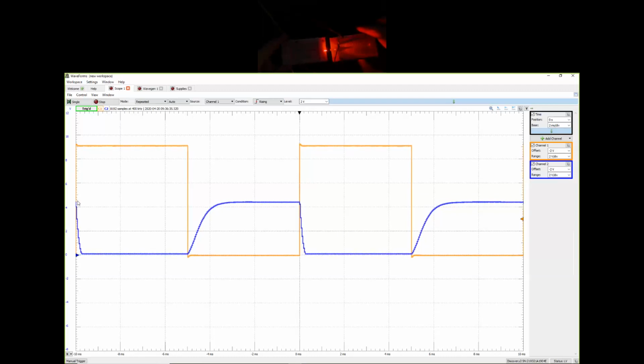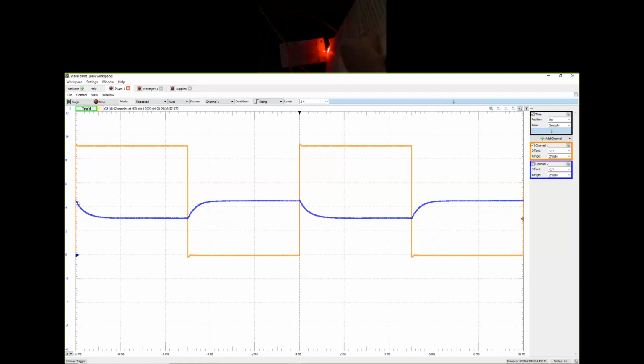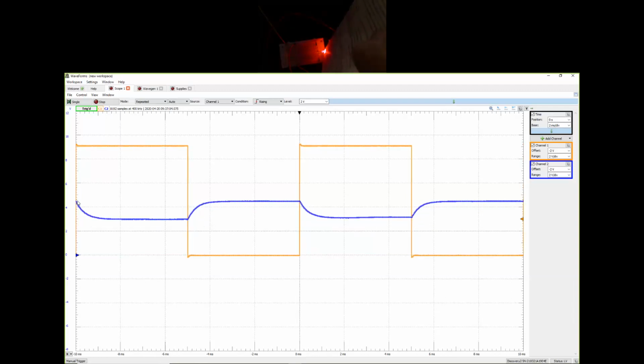And I can show that. I can block the light in the middle by placing, for example, a piece of paper in the middle, and that will essentially block the light. So if I block the light, as you can see, the output goes up, and if I remove the paper, it comes down.